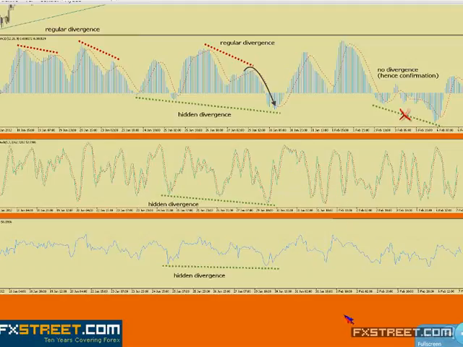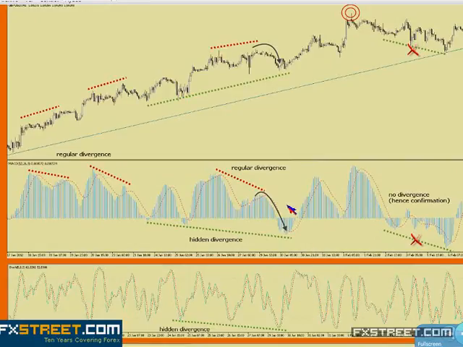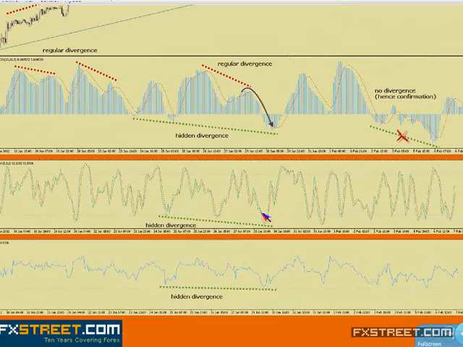So if we look here, the price is at a higher level than it was before, but the indicator is printing an oversold situation at a deeper level than it was before.